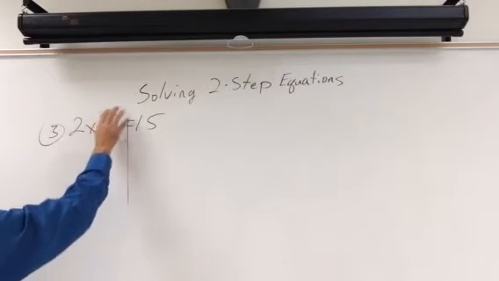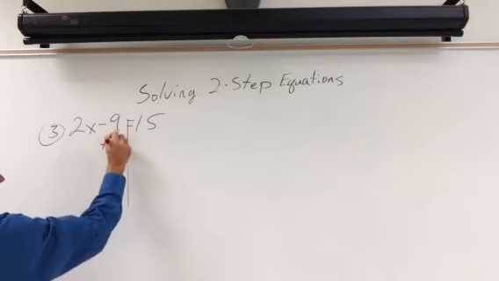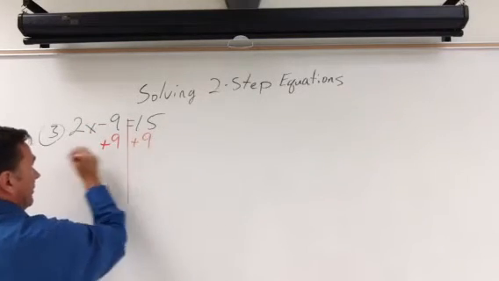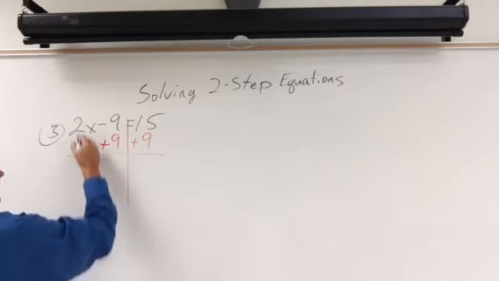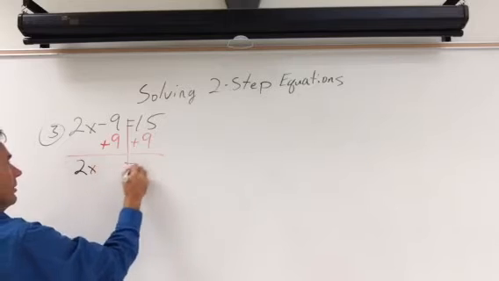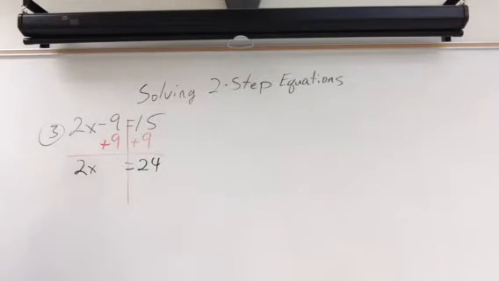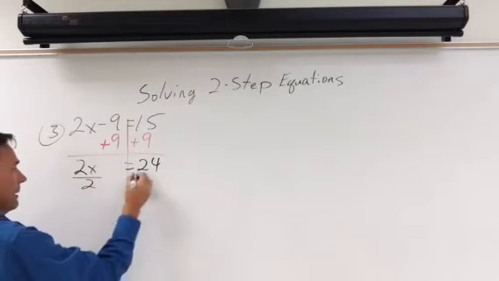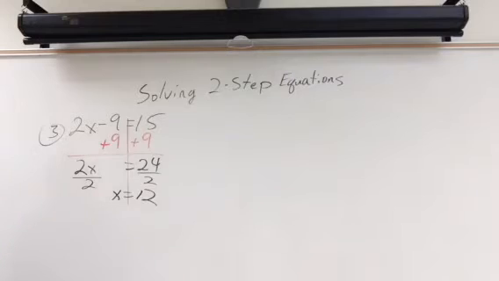Do we have anything being added or subtracted? We do, so we want to add the opposite. Carry down the 2x. 15 plus 9 is 24. One step to do, we want to divide by 2. And the answer is 12.